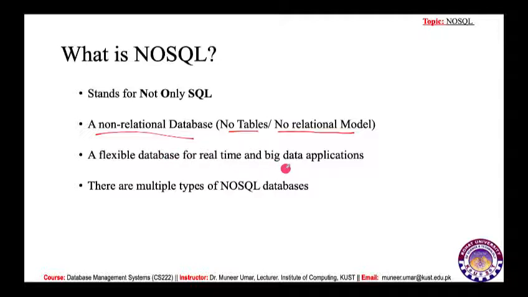Actually, in RDBMSs, we follow some strict constraints and the system tries to fulfill the ACID properties. So for that purpose, the performance may degrade if the amount of data is very high, and also at real time the response may be a bit slower.